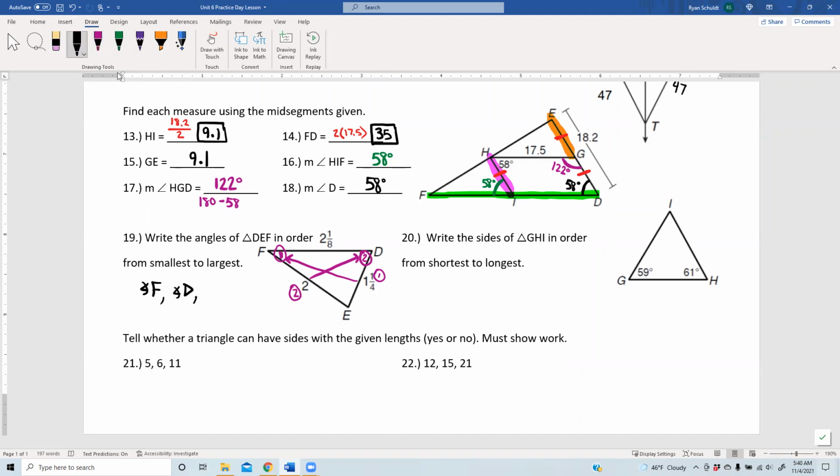Across from that is angle E. If we wanted to make it look complete, there's 3. We go across from it. There's angle 3. That's our biggest. F is the smallest, then D, then E.